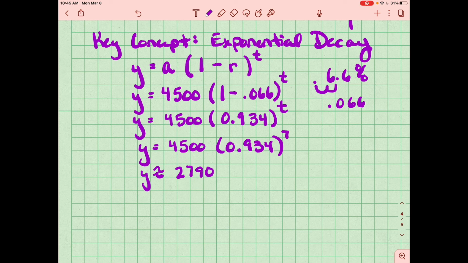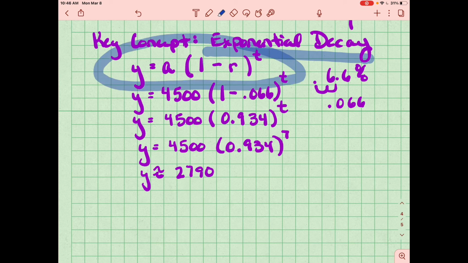All right, so things to remember from this lesson. Exponential decay. This is an expanded concept from the one that we did in lesson 7.5. Y equals a times 1 minus the rate to the time. And this concept just helps us to fill in the information that we have from a word problem a little bit better so we can create an equation.